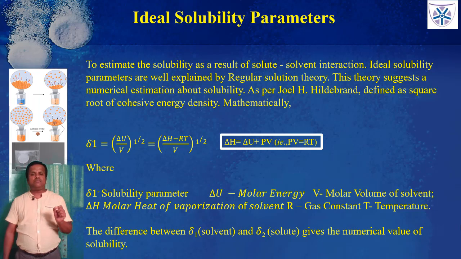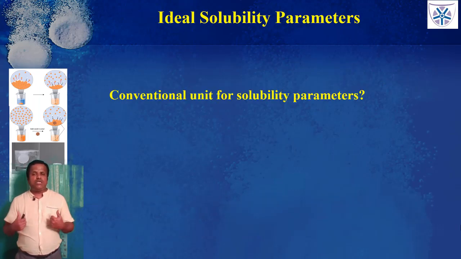So delta 1 is the solvent solubility parameter and delta 2 is the solute solubility parameter. From the difference between the solute and solvent solubility parameters, we can identify the numerical value of solubility. Then, what is the conventional unit for solubility parameters?